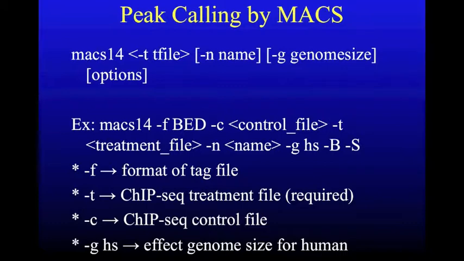And the parameter -g gives the genome size, and here hs is the shortcut for human. And the prefix of output files is set via the command -n, and capital B or S indicate the outputs you want.